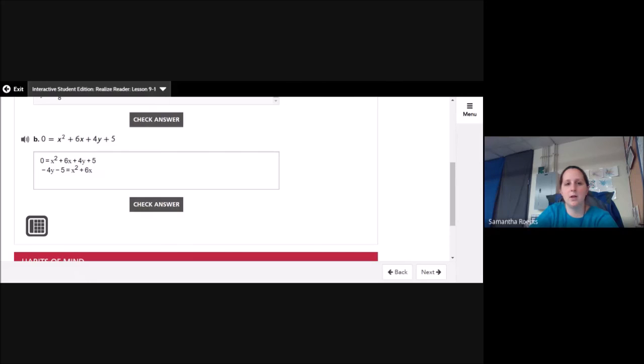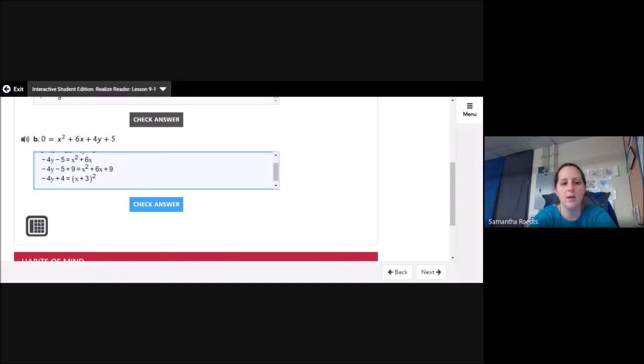Add 9 to both sides to complete the square. So negative 4y minus 5 plus 9 equals x squared plus 6x plus 9. It's negative 4y plus 4 equals (x plus 3) squared.